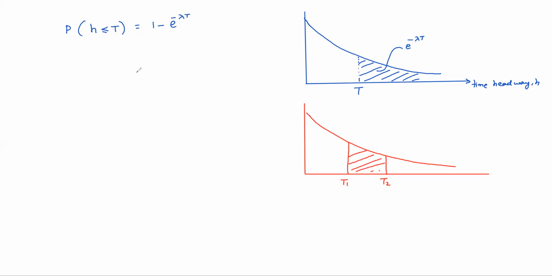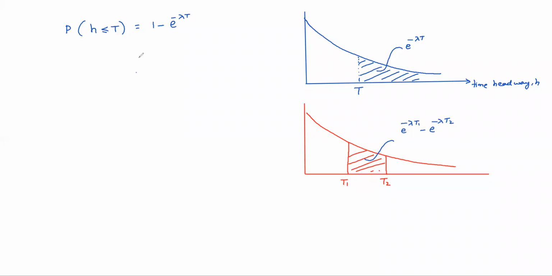This area can be represented by e power minus lambda T1 minus e power minus lambda T2, right? e power minus lambda T1 means from T1 onwards, the total area. Then e power minus lambda T2 is nothing but after T2 total area. So the T1 to T2 area means e power minus lambda T1 minus e power minus lambda T2.